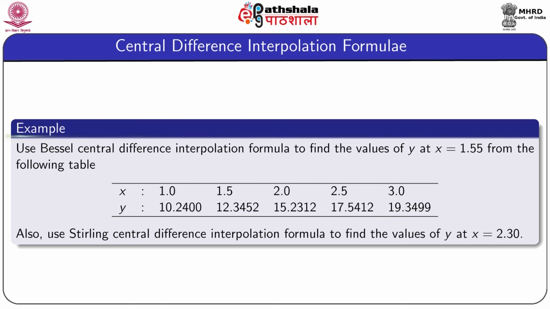Now, we consider one example to illustrate the Stirling interpolation formula and the Bessel interpolation formula. The set of values of x and y are given in tabular form. Our problem is to find the value of y when x equals 1.55 using the Bessel central difference formula, and also to determine the value of y when x equals 2.30.